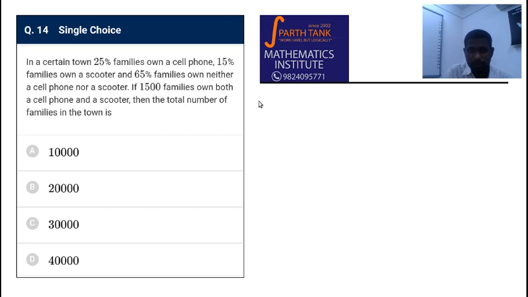Let us call the number of people in the town as X. What are we given here? We are told that the number of people who have a cell phone, let us call it N of C, is 25%, right?